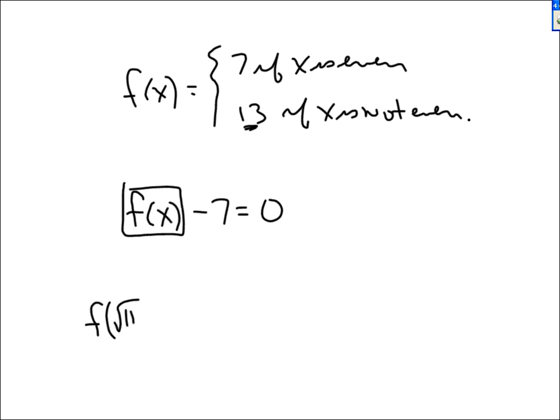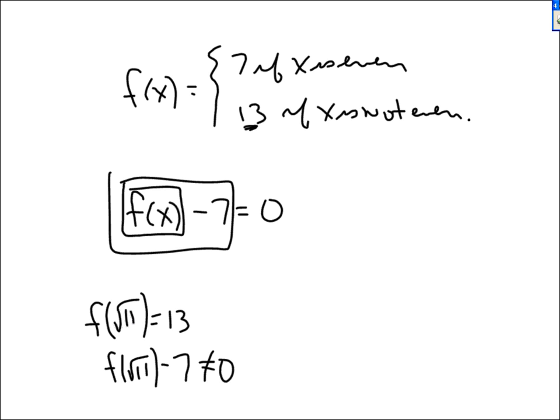f of the square root of 11, which is not an even number. Not 11, but the square root of 11 is not even. This is 13. f of square root of 11 minus 7 is not 0. So this equation is not always 0. Okay? It's conditional.